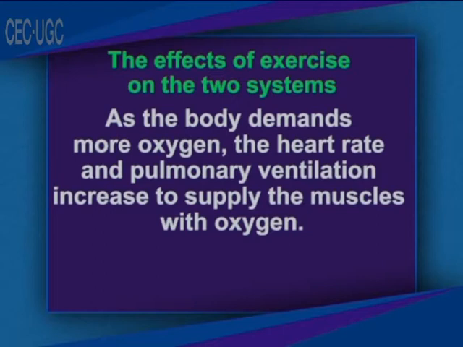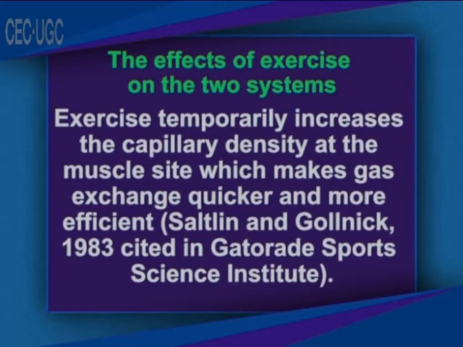As the body demands more oxygen, the heart rate and the pulmonary ventilation increase to supply the muscles with oxygen. Exercise temporarily increases the capillary density at the muscle site, which makes gas exchange quicker and more efficient.